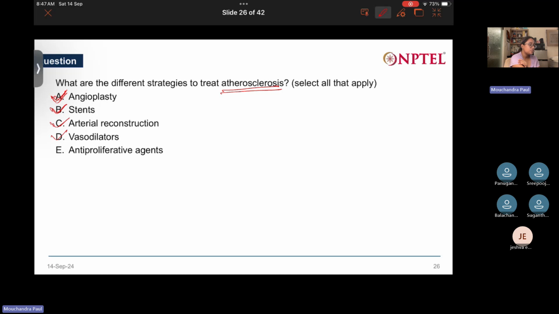There are also drugs called anti-proliferative drugs. They prevent the further growth of plaque. Within the plaque, as I told you, there are some cells as well, the immune cells like macrophages, which are proliferating in order to. So why would macrophages come to the site?